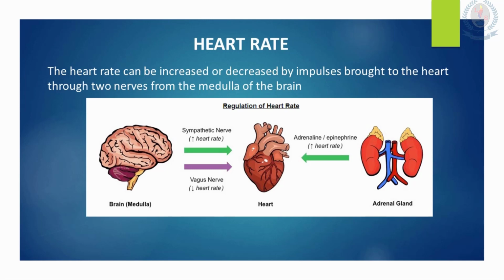In order to deliver this extra oxygen to the muscles, both the number of beats per minute, that means heart rate, and the volume of blood pumped with each beat, that means stroke volume, should be increased.